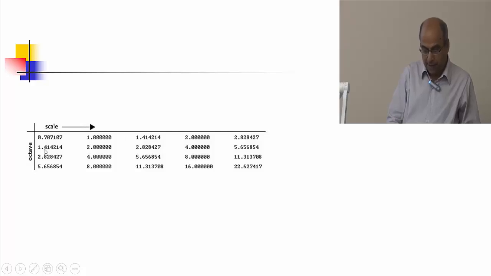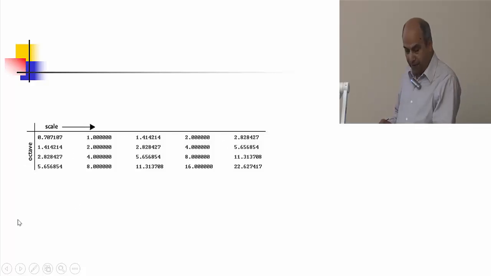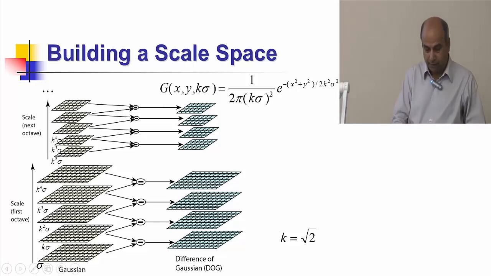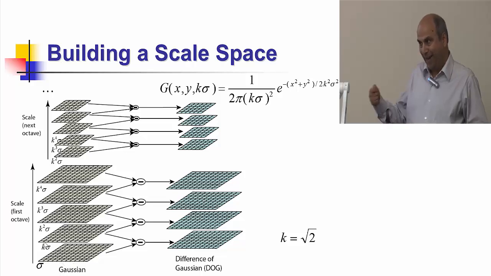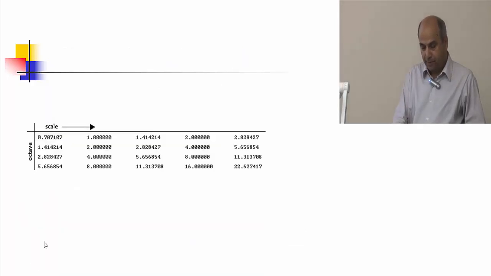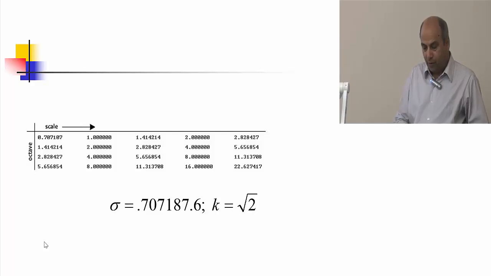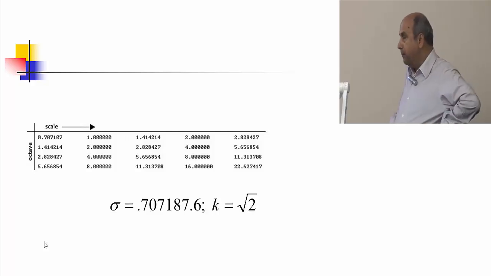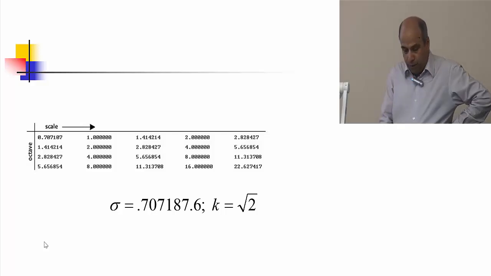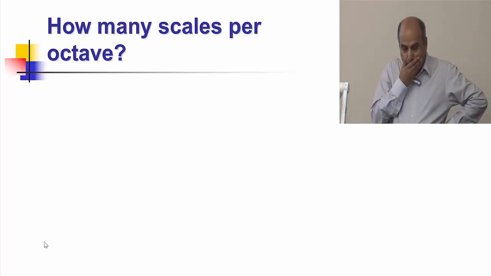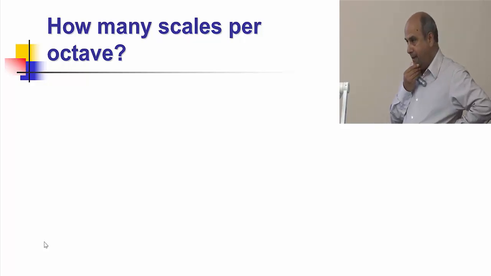If you start with this one, again the next one will be multiplied by under root 2. These are the different values of sigma as you saw here. So every time we are multiplying by under root 2; k is under root 2. So for SIFT, the starting point sigma is 0.707187 and k is under root 2. Okay, so that is how we build the scale space.